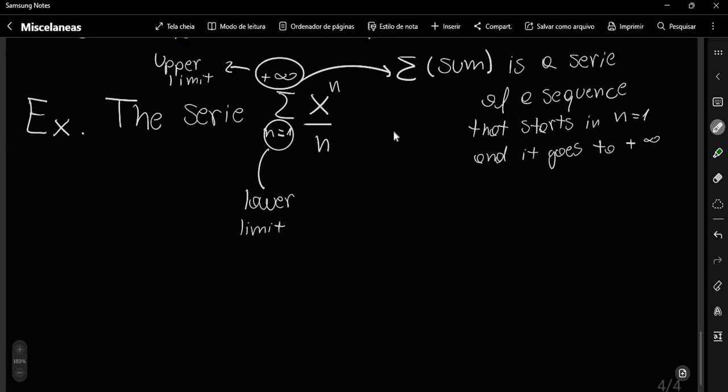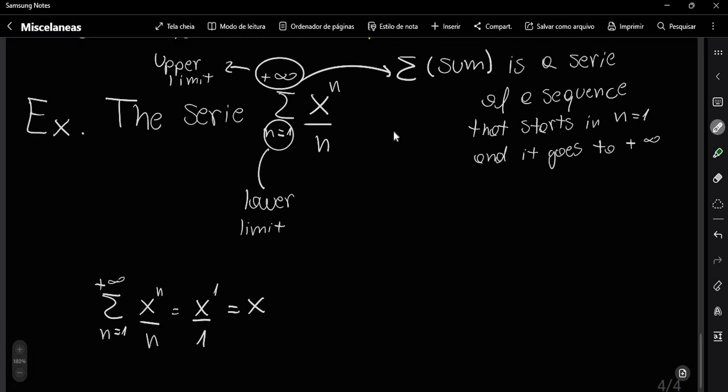Okay, so if we just substitute the lower limit on the sequence, so x to the 1 over 1, so this is equal x.